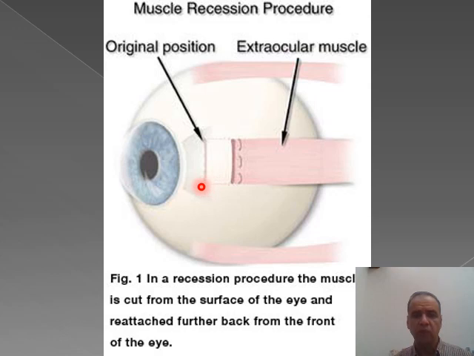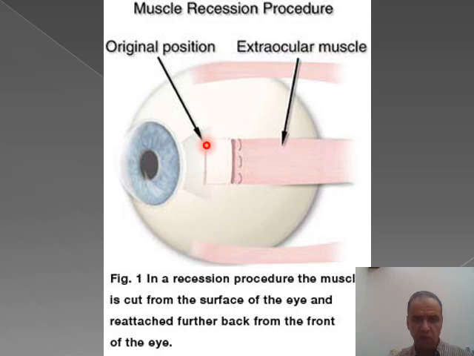Surgical treatment for esotropia is by weakening of the medial rectus muscle and strengthening of the lateral rectus muscle. Weakening of the medial rectus muscle is by recession of the muscle. We disinsert the muscle from its original insertion.